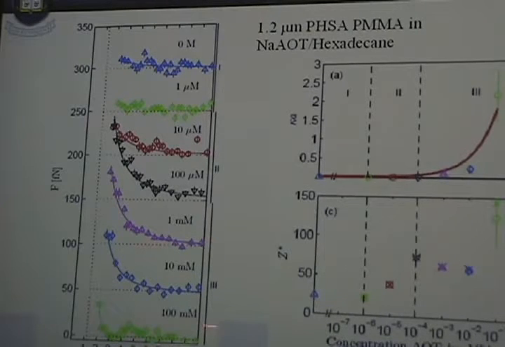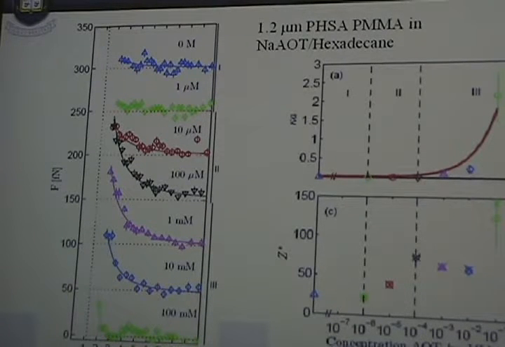In particular, it turns out this additive is a surfactant. What it does is it charges the surface of the particles. Here's the charge on the surface of the particles. And it also puts some charge in solution, which creates some screening. And here's a measurement of the ionic strength as a function of the concentration. So by measuring these forces, we can start understanding what's happening on the surfaces of these particles as we modify solvent conditions.